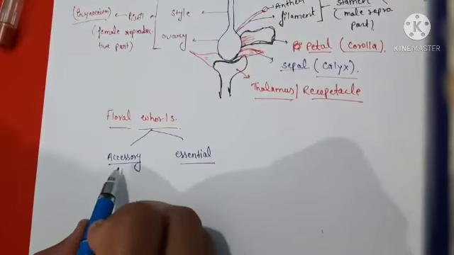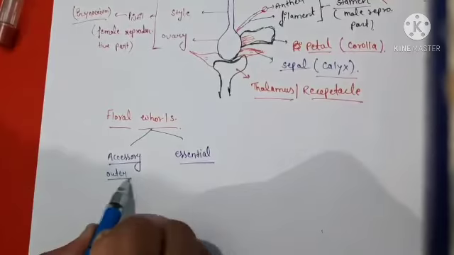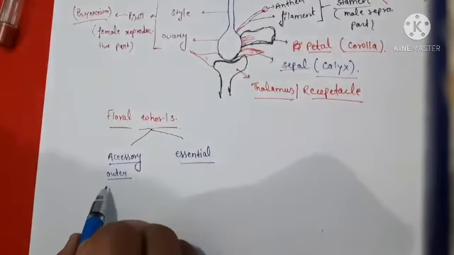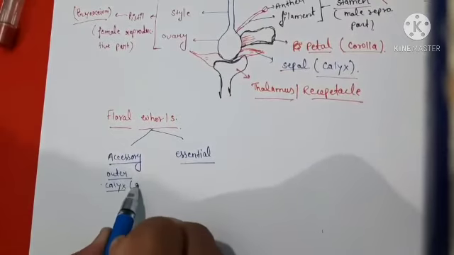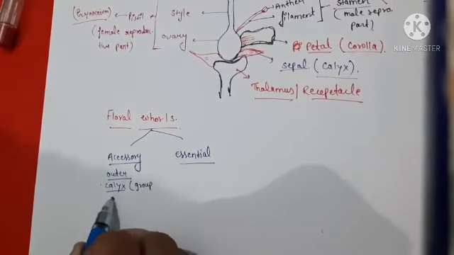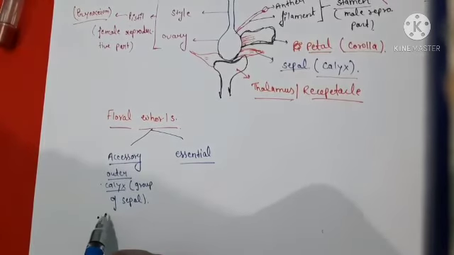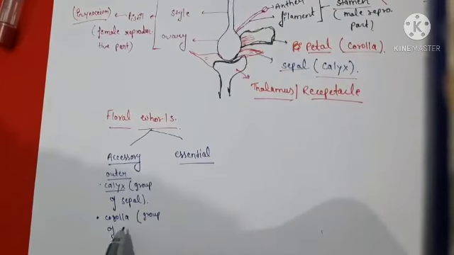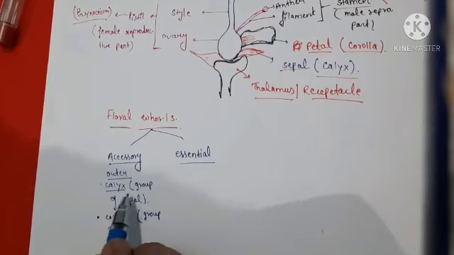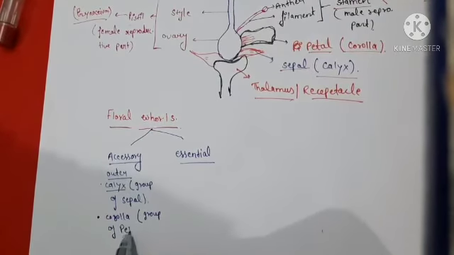So in a flower, on the outer side there are 2 things present. One is calyx, a group of sepals, and another is corolla, a group of petals.